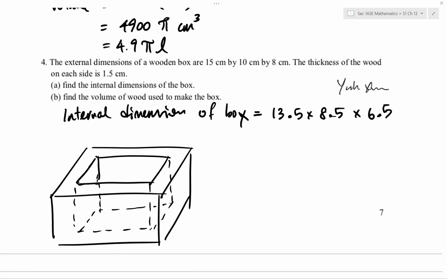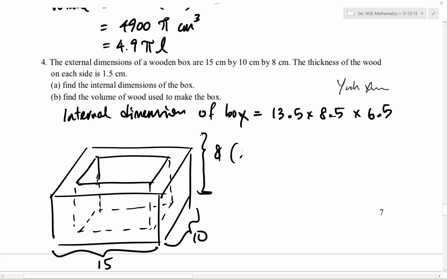If I draw a cover, cannot see anything already, right? The external dimensions 15, 10, 8. This is 15, 10, and 8, including the cover. Okay, so internal dimensions. Do you all agree that it's 13.5, 8.5, and 6.5?